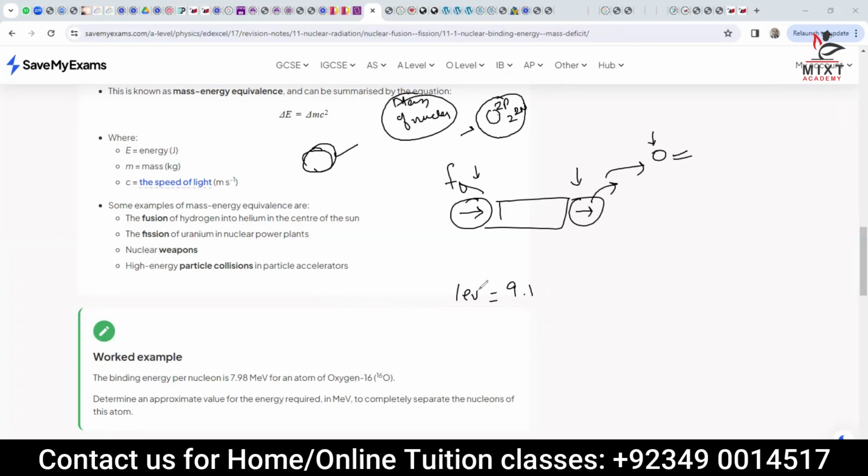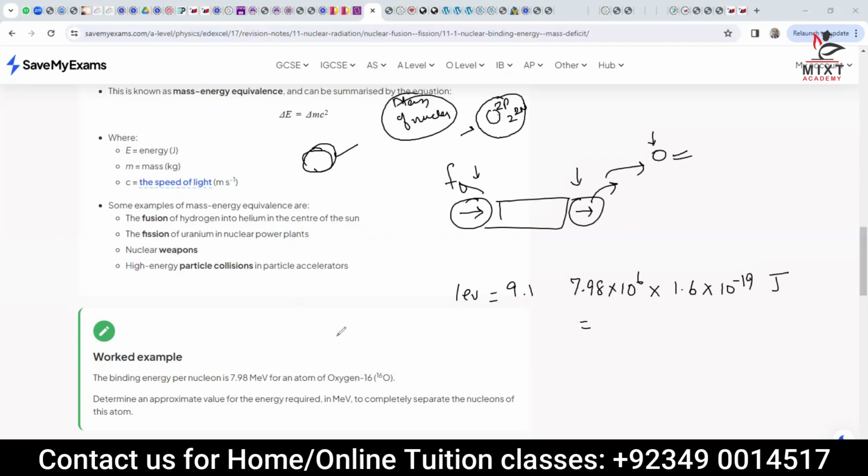It's 1.6 or 1.9, I think. 1.6 times 10 to the power of negative 19. Yes, it is. But in that case, it should be mega, so 10 raised to power 6 multiplied by the 1.6. So if we want to convert it into joules, then it will be 7.98 into 10 raised to power 6 first, and then electron volt will be 1.6 into 10 raised to power minus 19, and that energy will be converted into joules.